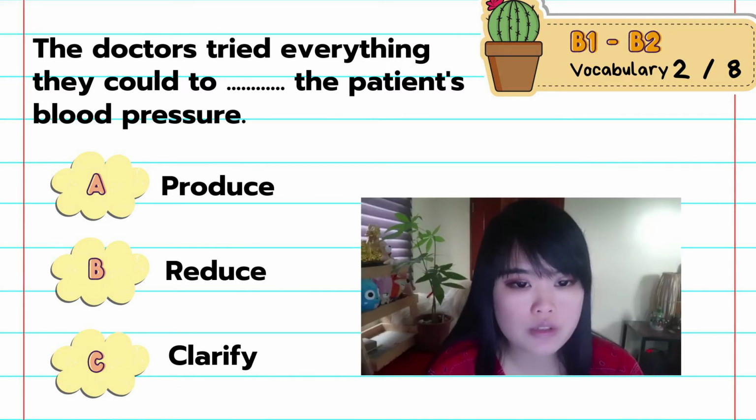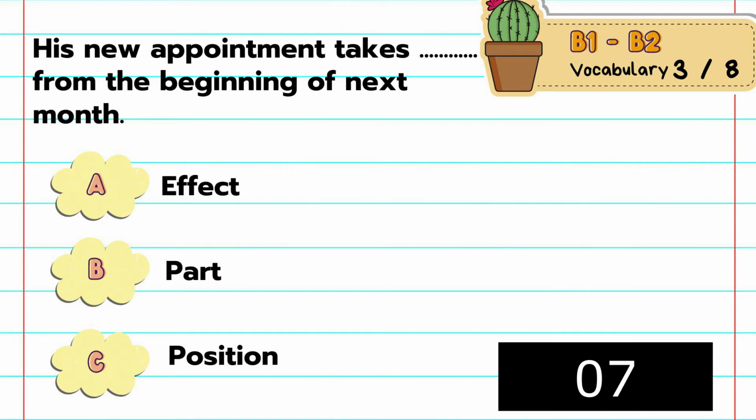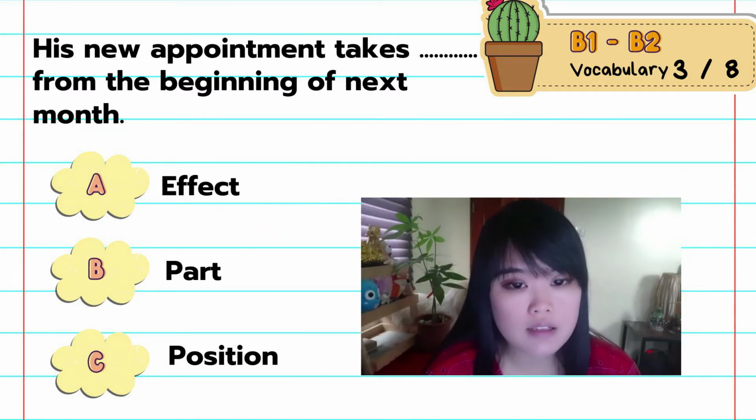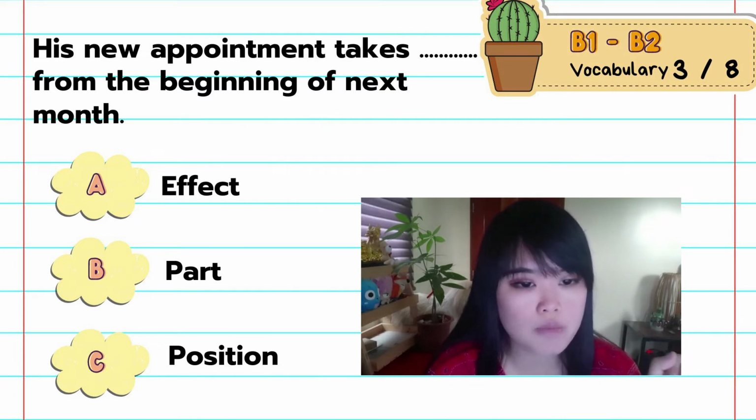B. Reduce. The doctors tried everything they could to reduce the patient's blood pressure. A. Effect. His new appointment takes effect from the beginning of next month.